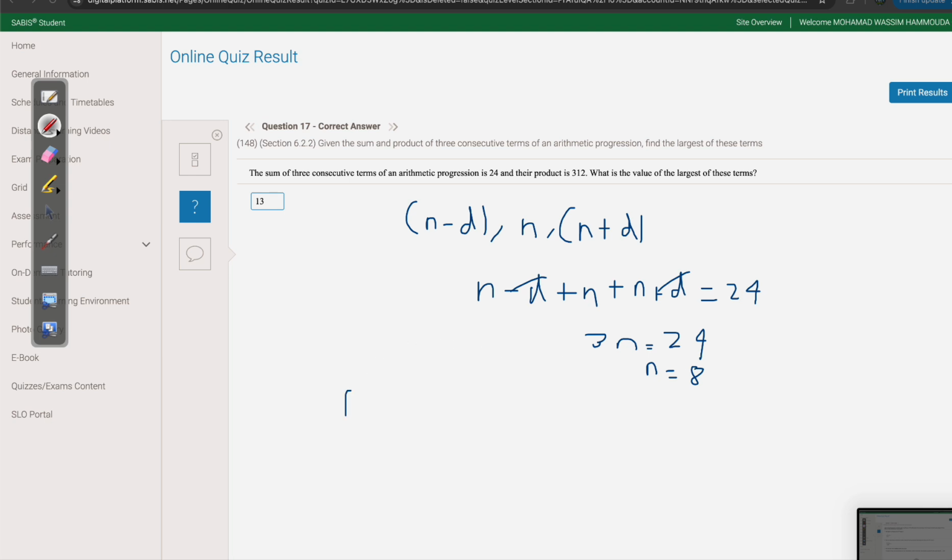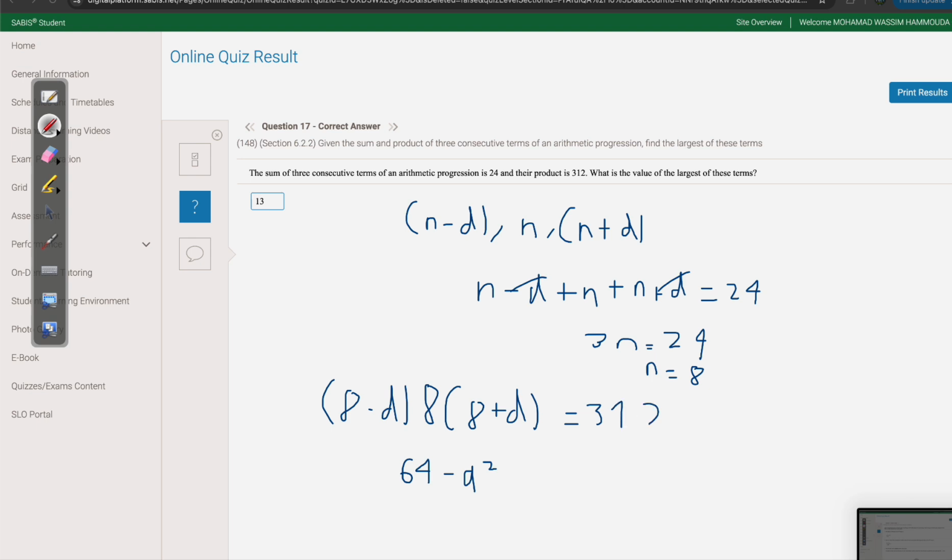So 8 minus d times 8 times 8 plus d. Now 8 minus d times 8 plus d is 64 minus d squared, right? By the way, all of this is equal to 312.